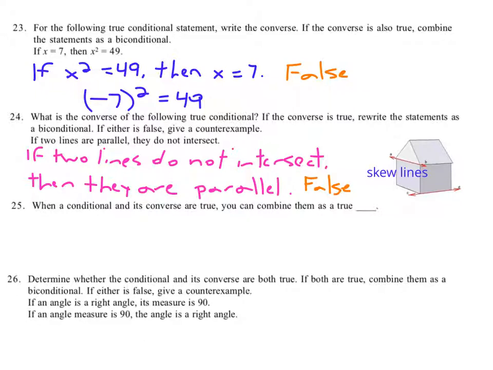Okay, that's a counterexample. Now, when a conditional and its converse are both true, you can combine them as a true. Do you remember what this is called? You can combine them as a true biconditional.